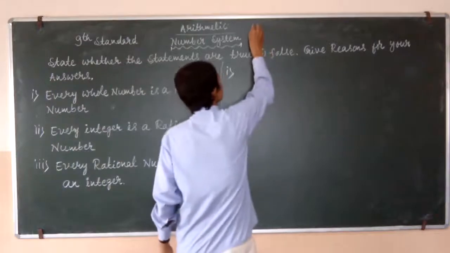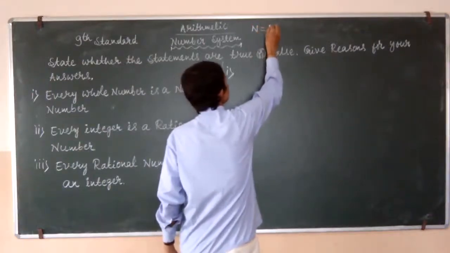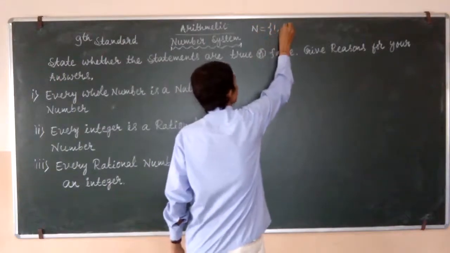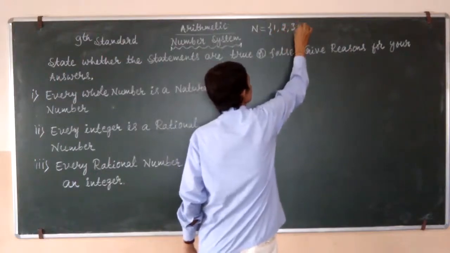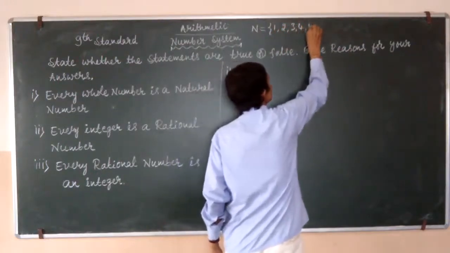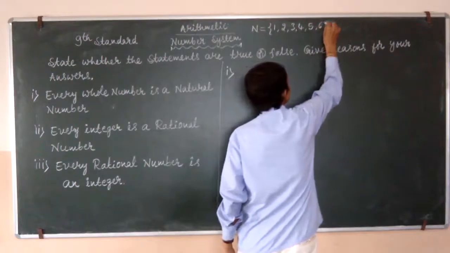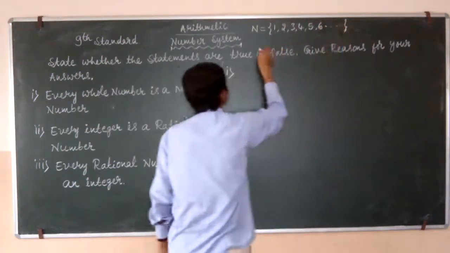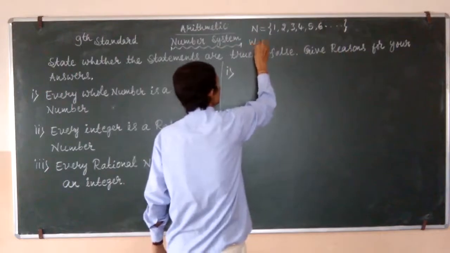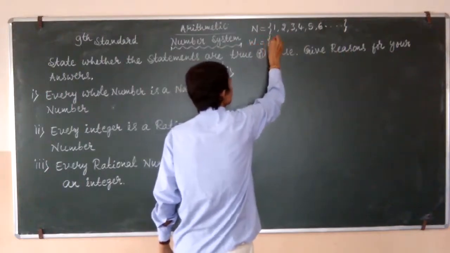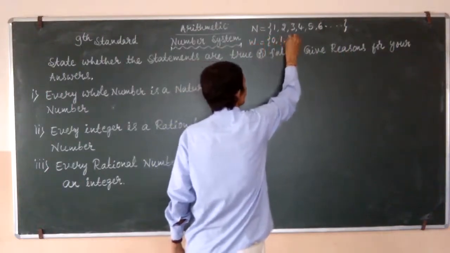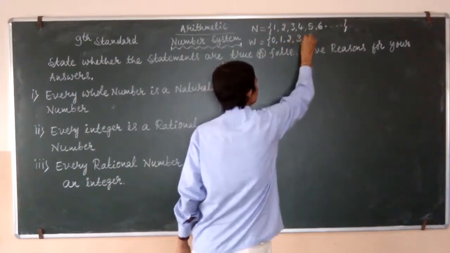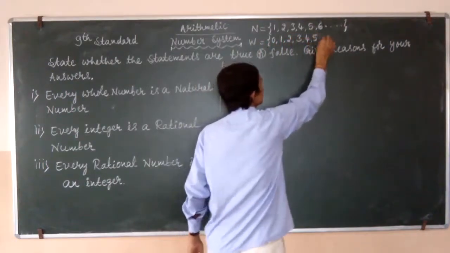Let's see the set of natural numbers. N equals 1, 2, 3, 4, 5, 6, etc. So the set of whole numbers will be 0, 1, 2, 3, 4, 5, etc.